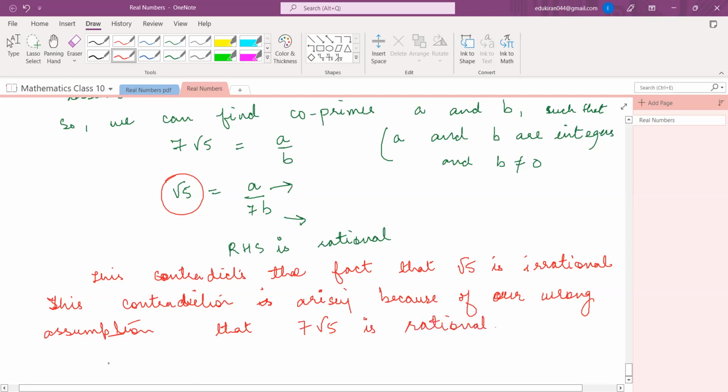So we conclude that 7 root 5 is irrational. Clear?